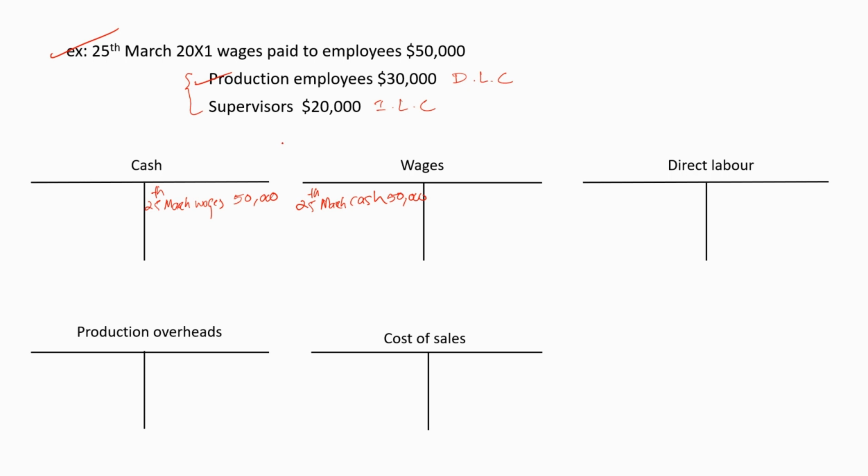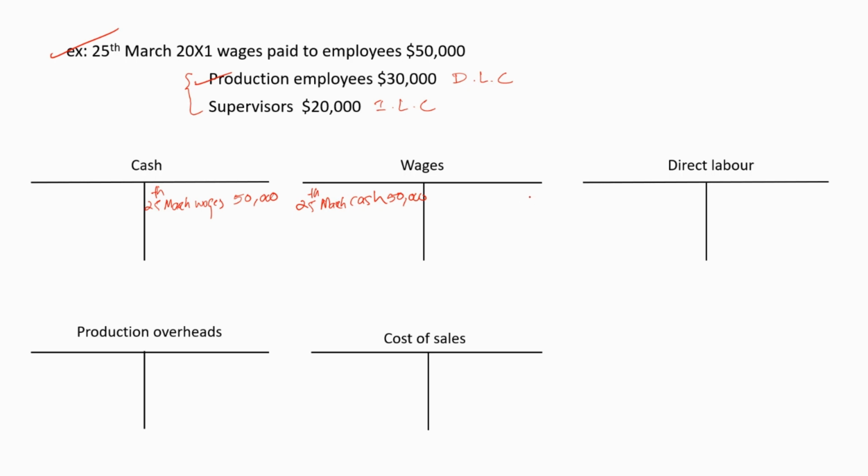But the management accountants of the company want to know the direct labor cost amount and the indirect labor cost amount separately, because this information is really important for the management accountants. Now let's record the direct labor cost and the indirect labor cost separately using the same set of financial records.